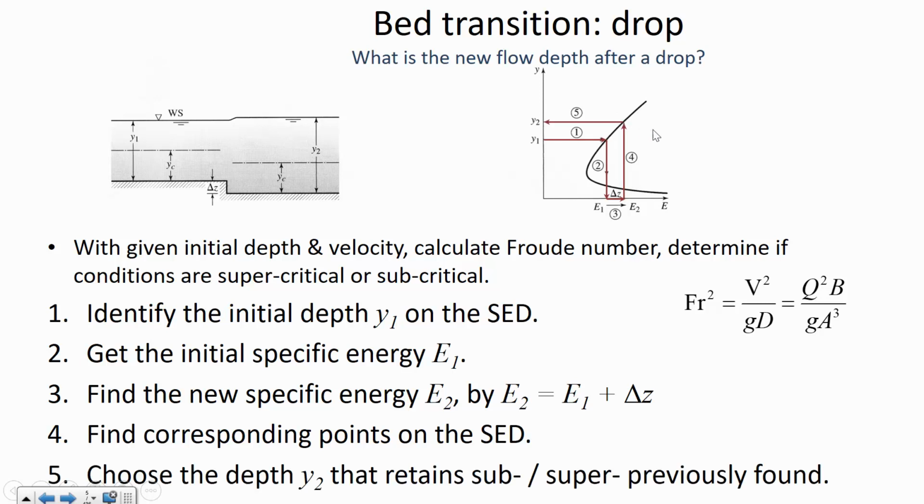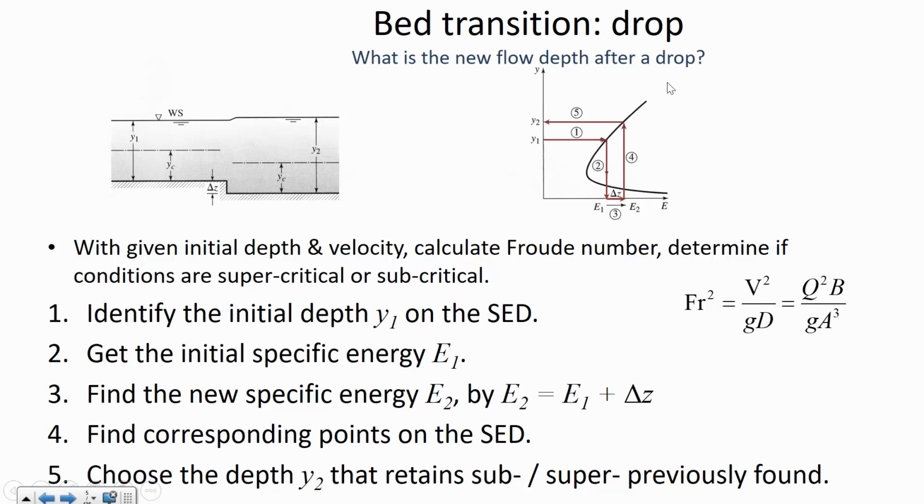And then that's when we go back over to the vertical axis and we identify the new depth at 2. So a problem like this can be solved graphically if you take the time to put in a whole variety of possible depths and create a specific energy diagram. It's not hard to create a specific energy diagram. You saw the table in class on Tuesday that you'd need to create one.